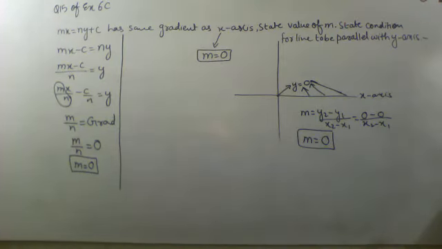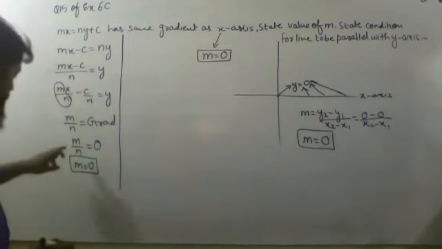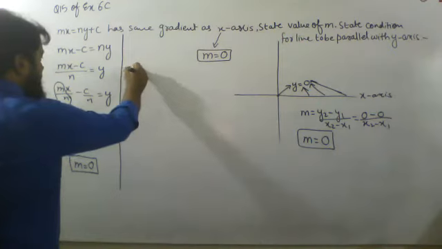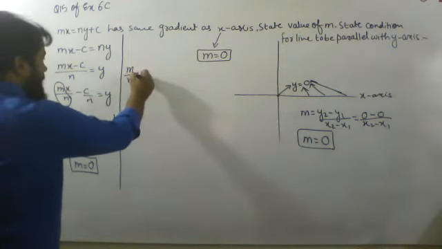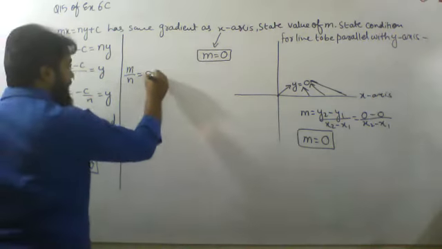We can do it this way. See, the gradient is coming m over n, and for your y-axis, the gradient is always undefined.